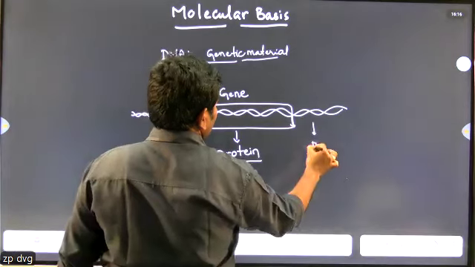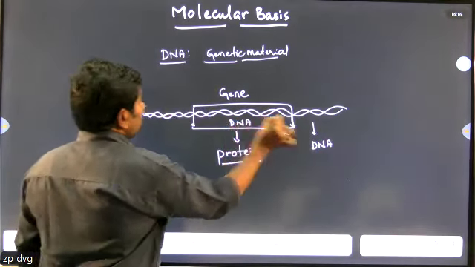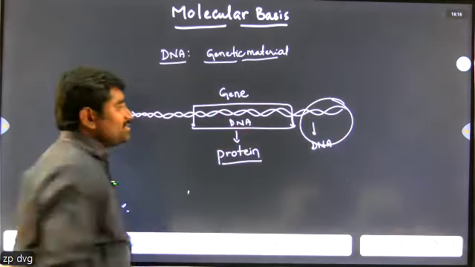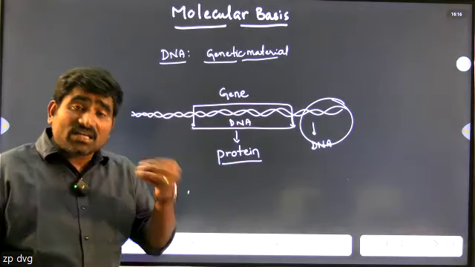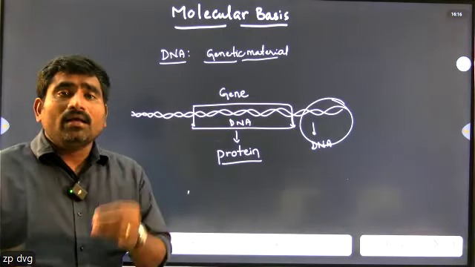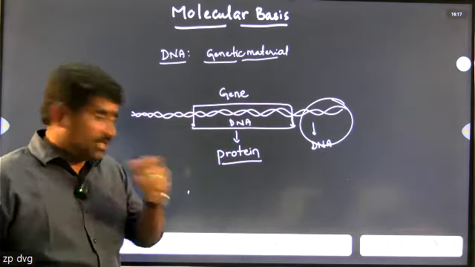This is DNA, but this other portion is also DNA, and we cannot call it a gene. The segment of DNA which can code for a protein is considered a gene.